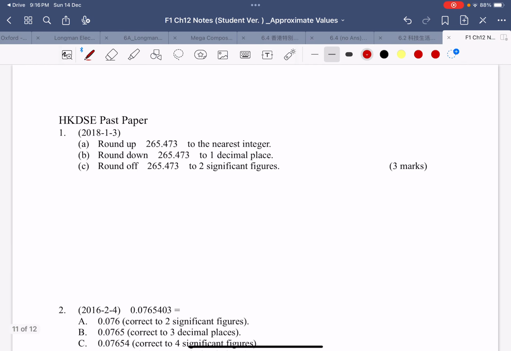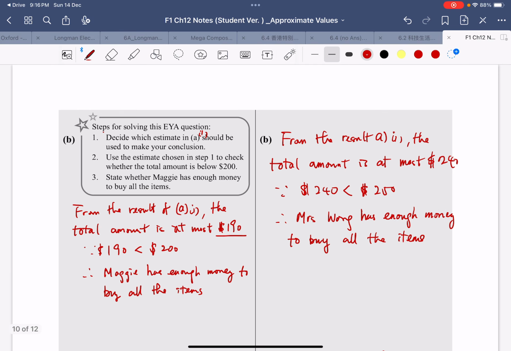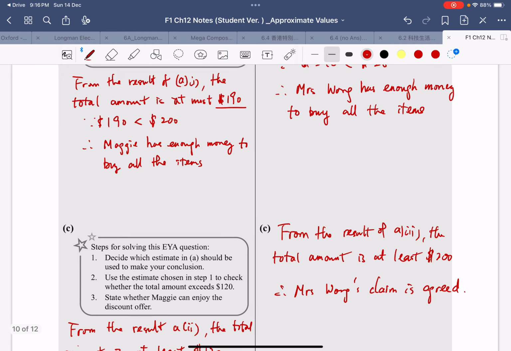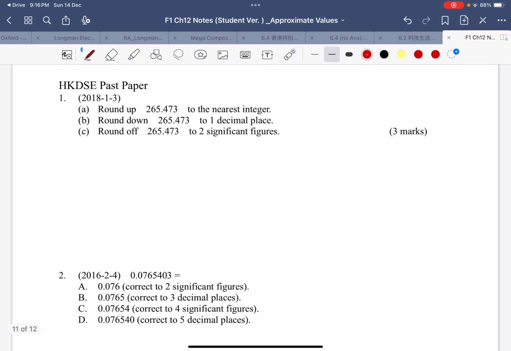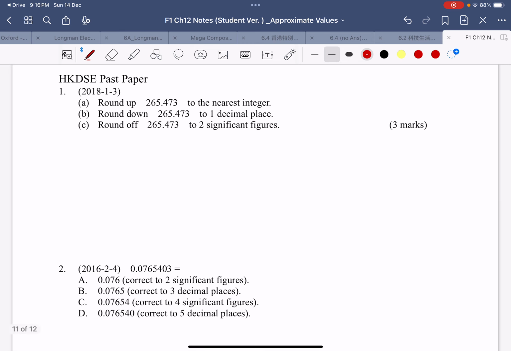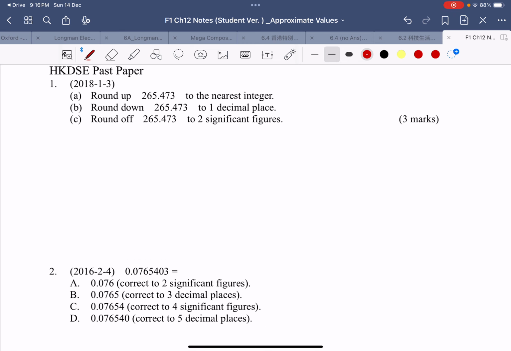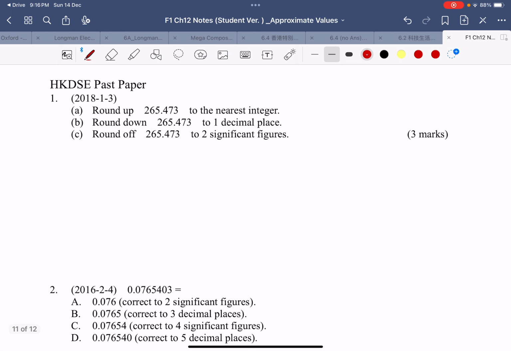Alright, so this is the final question for this chapter. And we still have some additional questions from past papers of HKDSE. Maybe they are trickier or more difficult than what you think, but let's try. Round up this number to the nearest integer. This is the integer, you're going to round it up, so go up 1.